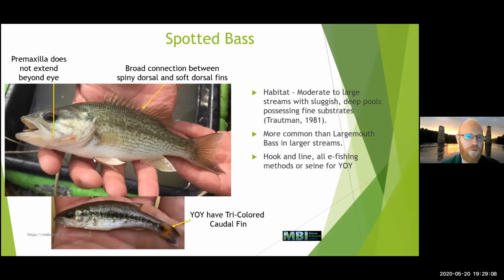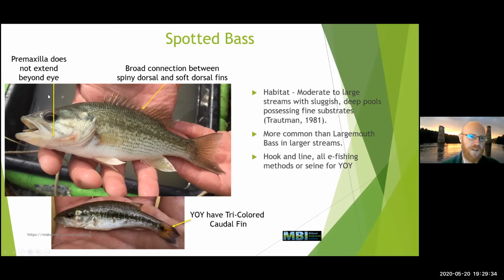And here you have a spotted bass. Again, like the smallmouth bass, their young of year has that tricolor tail, the yellow to black to white. You have a broad connection, or broader connection, between the spiny dorsal and the soft dorsal, which is pretty well shown here.